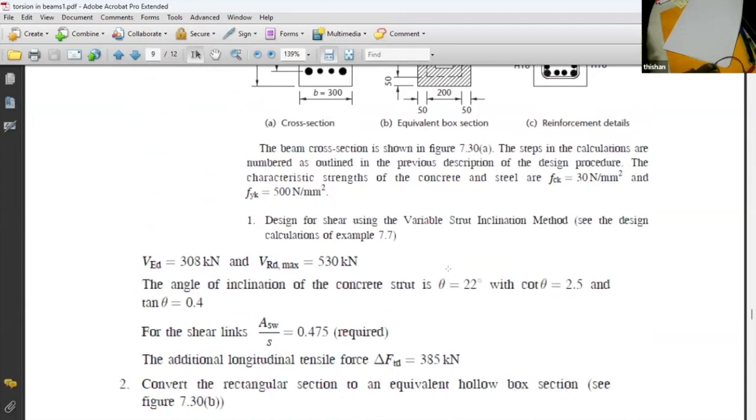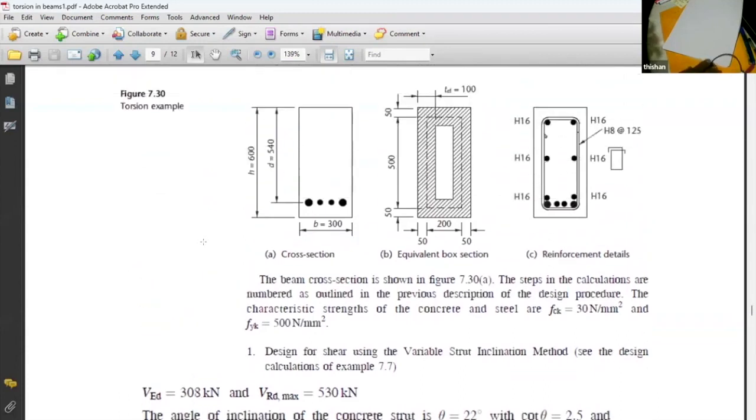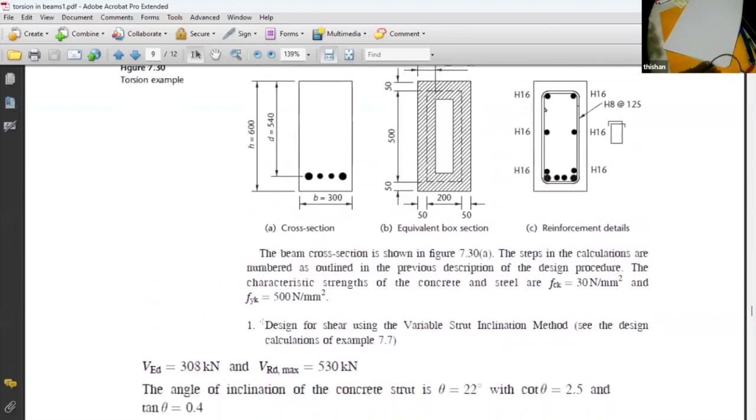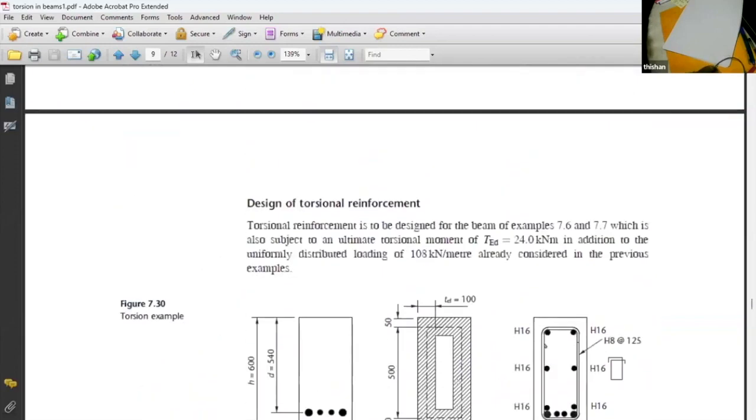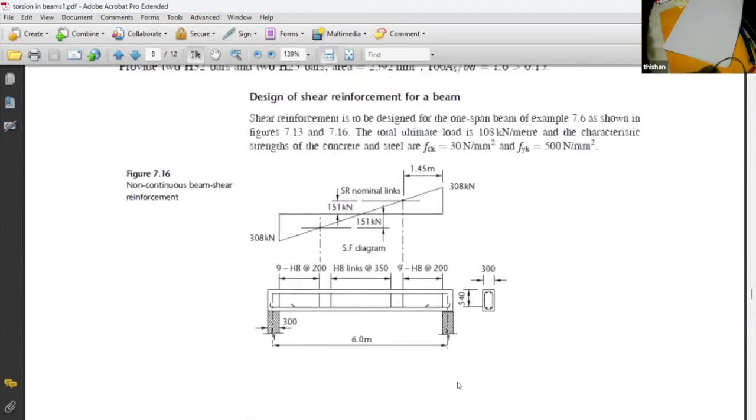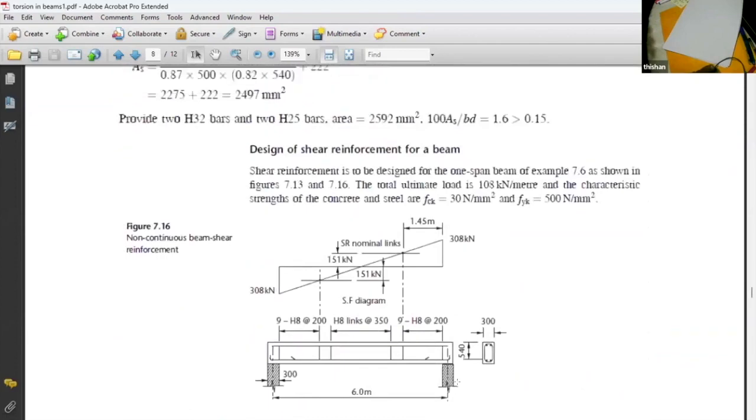So the shear failure is going to be at 22 degrees. So this is a shear design. The maximum shear on the section is 308 kilonewtons, and the maximum shear resistance is 530 at an angle of 22. Because we did examples, I'm sure you can recall it.